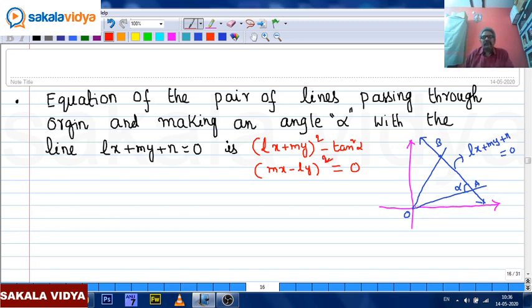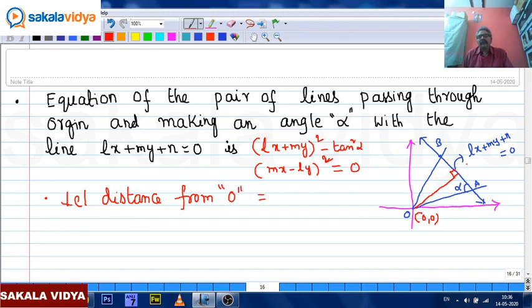So now the perpendicular distance from origin to this line also we can find out. This is 0 comma 0. So perpendicular distance from O is mod n by root of L square plus M square.